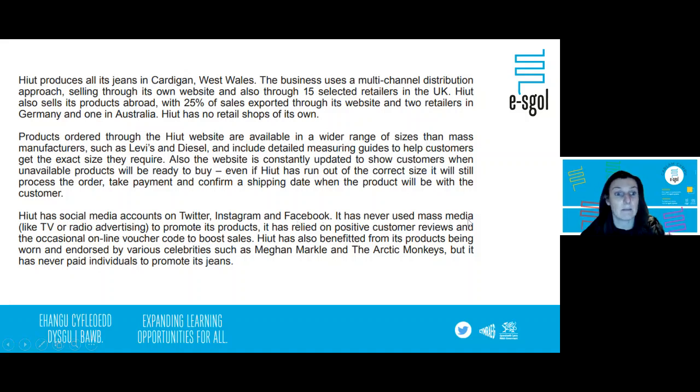It never uses mass media like TV or radio advertising to promote its products. It has relied on positive customer feedback, reviews, and the occasional online voucher code to boost sales. Hyatt has also benefited from its products being worn and endorsed by various celebrities such as Meghan Markle and the Arctic Monkeys, but has never paid individuals to promote its jeans. Okay, so you've got those things there.